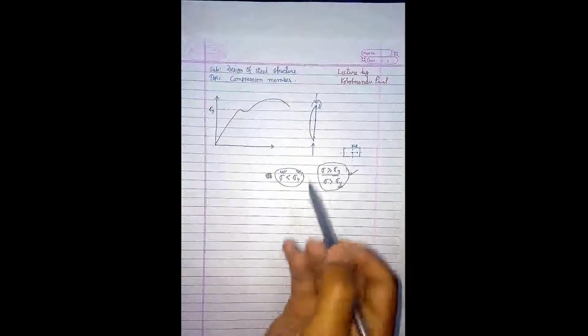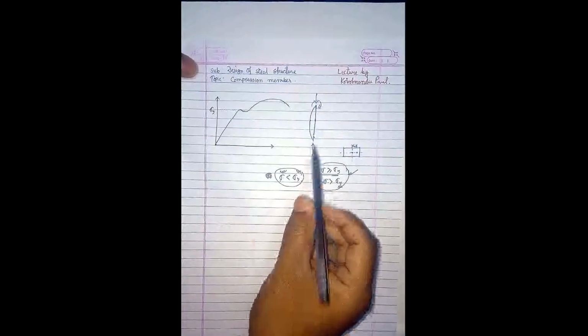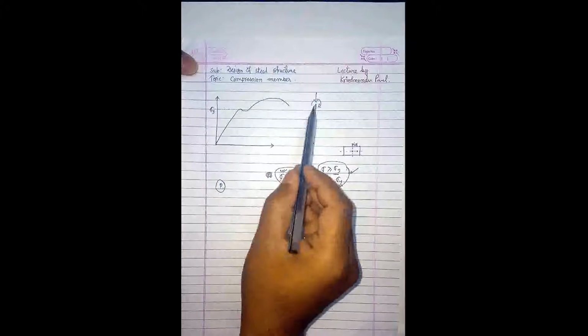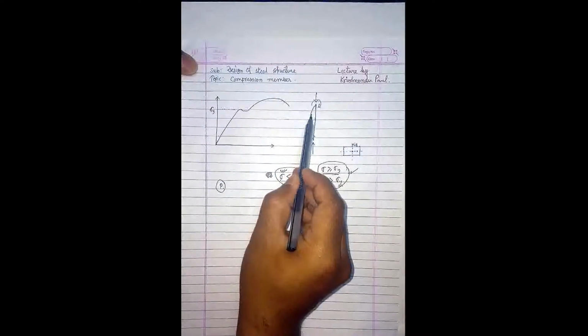I suppose you have studied stable equilibrium, neutral equilibrium, and unstable equilibrium. These topics were in previous semesters, I hope. In stable equilibrium, if the member is in stable equilibrium and we apply some load, there may be some deflection.